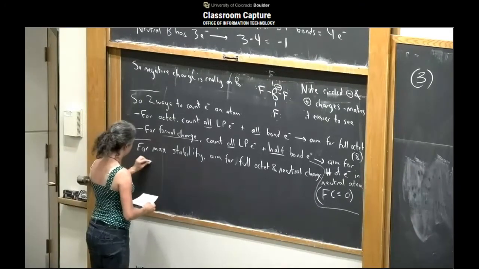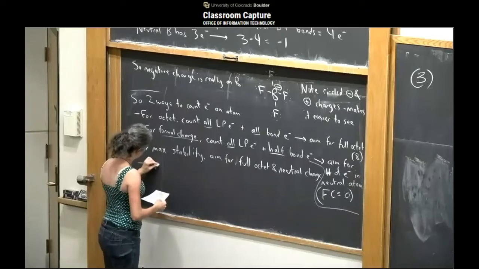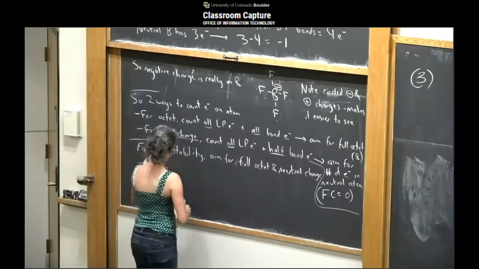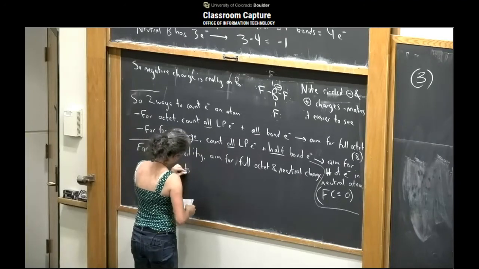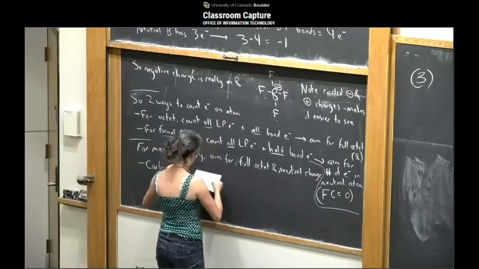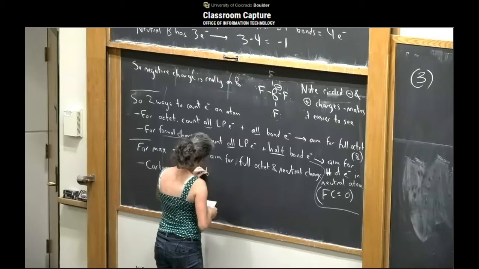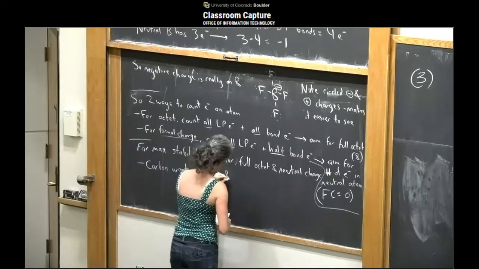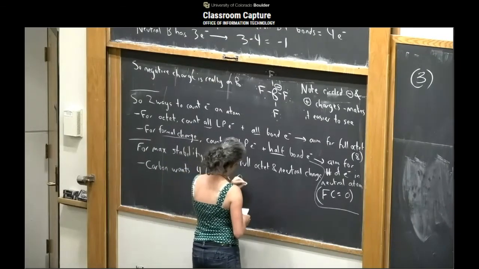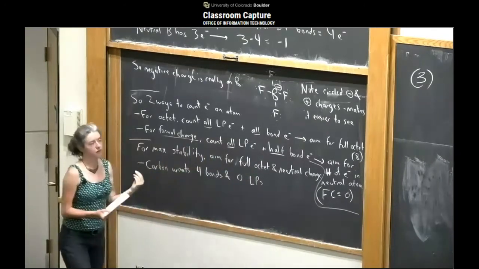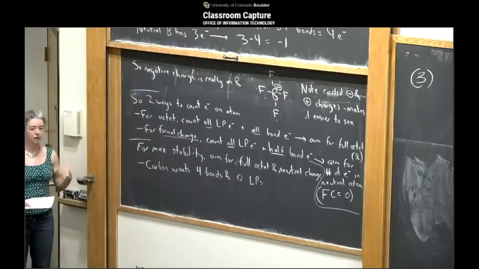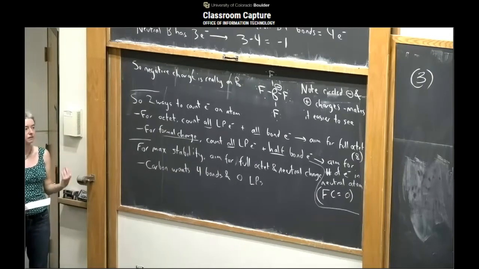Okay, so carbon is most stable, or wants, I guess, 4 bonds and no lone pairs, which makes sense. We saw one example with methane last time where carbon has 4 single bonds coming off of it.